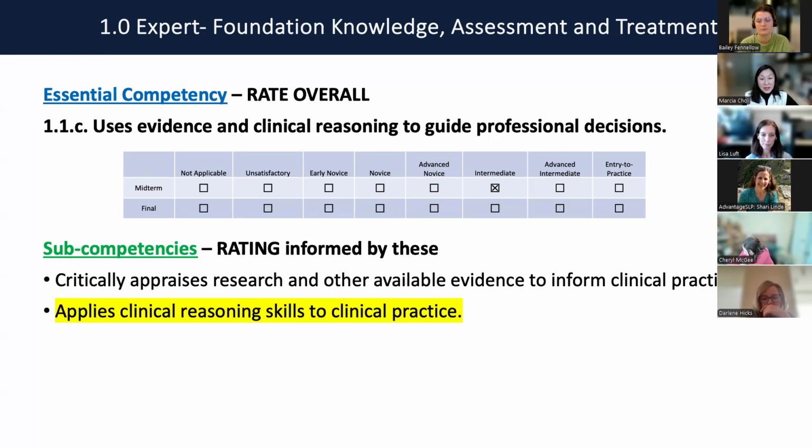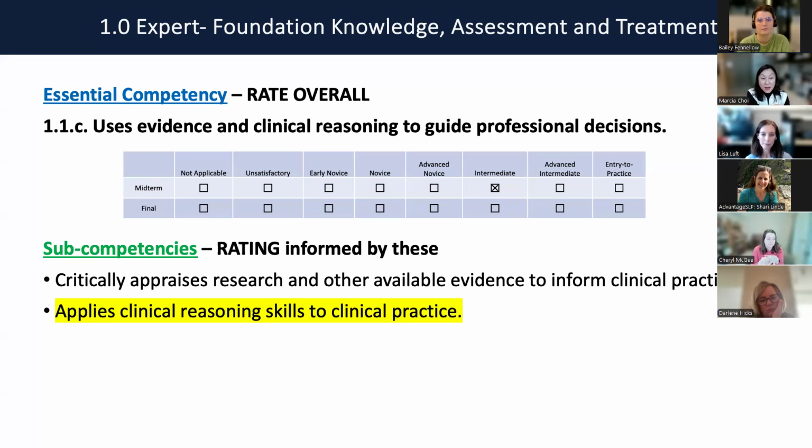In this example, I want to unpack this particular bullet, applies clinical reasoning skills to clinical practice, a little bit more. I don't have to do it for every bullet, but in this case, I would like to unpack it a bit more and just validate where I've landed.